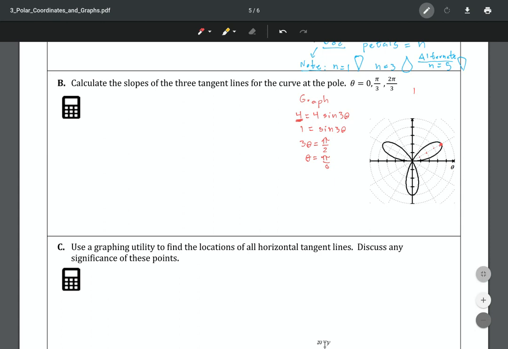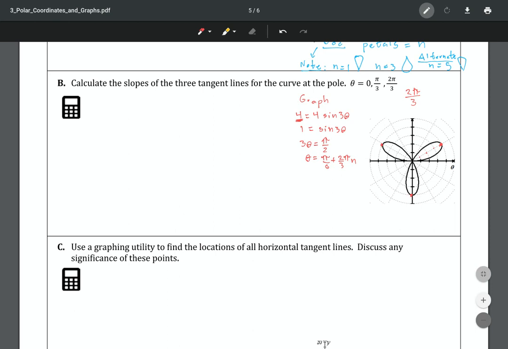To figure out where the other 2 petals are going to go, you have 2 pi, and because I know I have 3 petals, I can divide that by 3. So my petals are going to be located every 2/3 pi, and n just stands for a whole number. Every 2/3 pi you're going to have a petal.